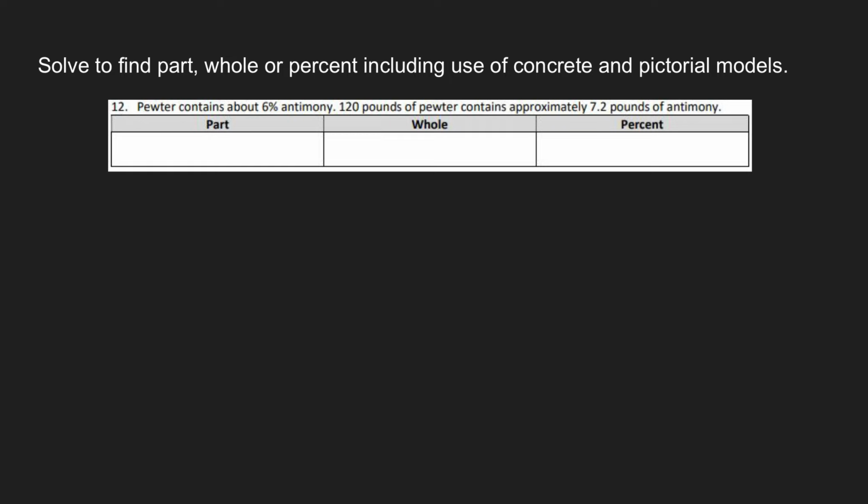Pewter contains about 6%. Let's fill that in. 120 pounds of pewter contains approximately 7.2 pounds of antimony. Hard word for me. Pewter contains 6%, so I think the part is 7.2 and the whole is 120.